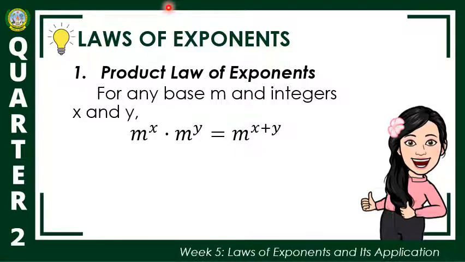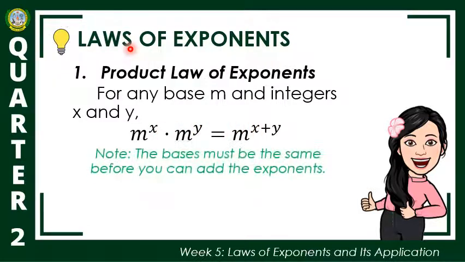So, ang ibig sabihin po nung ating law na ito, when we are multiplying expressions having the same base, so as you can see, parehas m, diba? So, kung parehas po ang base niya, we can simply add their exponents. Okay? So, we have to note that the bases must be the same before you can add the exponents.